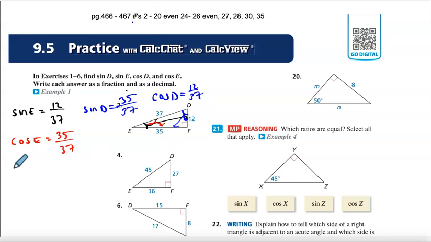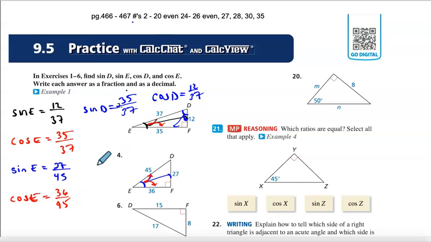All right, keep going down. So now we have the next one. Sine of E, opposite over the hypotenuse. Cosine of E, adjacent over the hypotenuse.